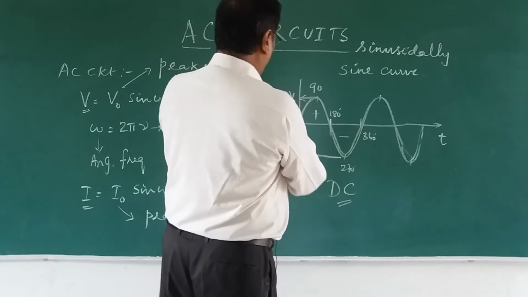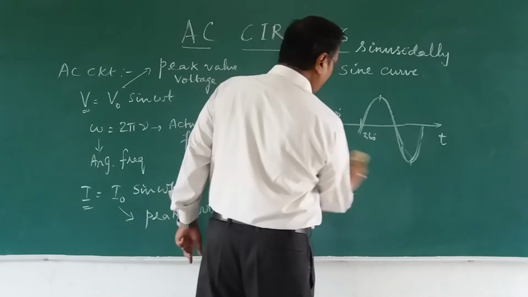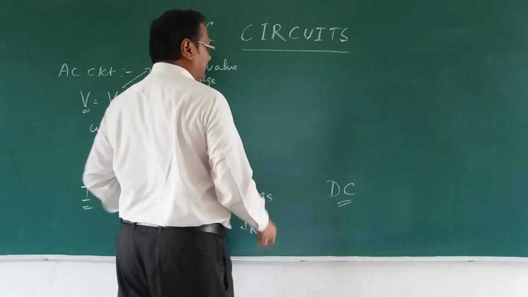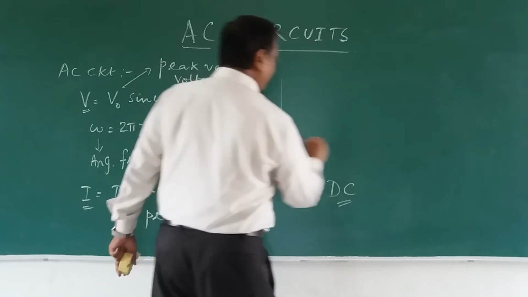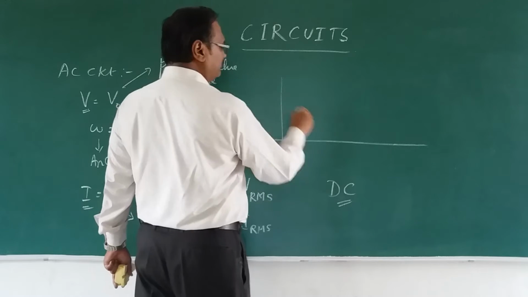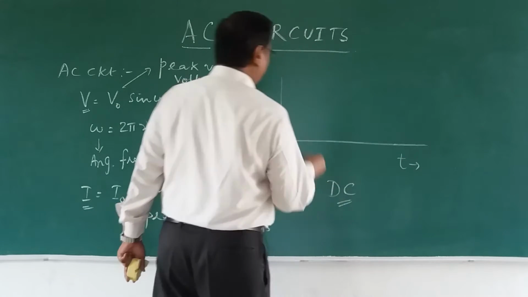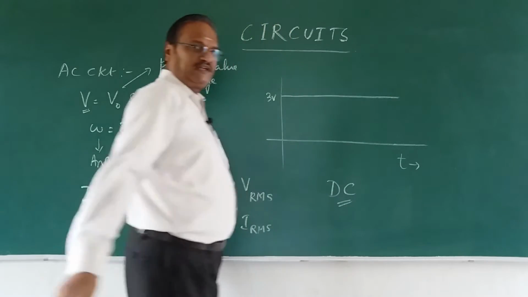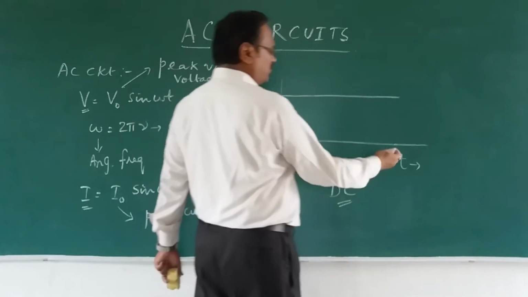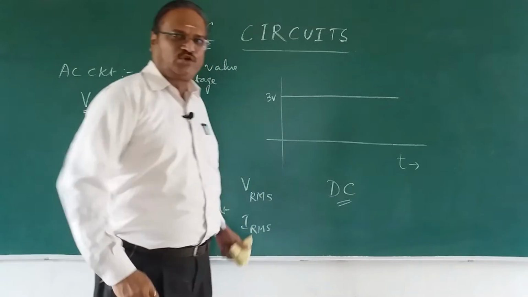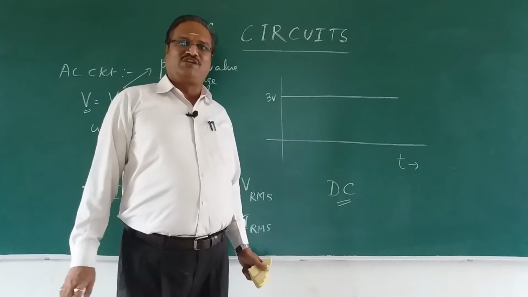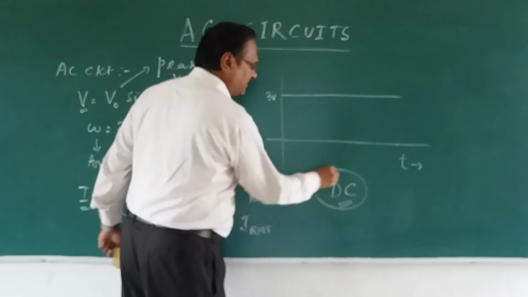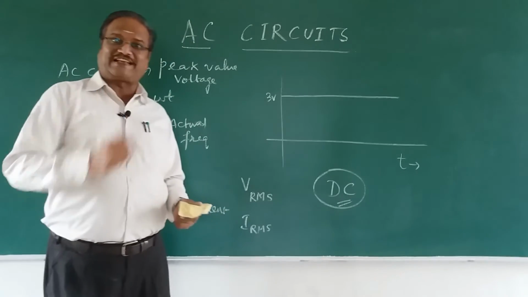If I want to draw a graph for a DC current, it is not a sine curve, it is a steady line. I have a battery or a cell, and with the time I mark it, I'll find that a 3-volt battery will always give 3 volts. After some time it will lose its charge and go off, that's a different thing. You have to throw it or recharge it. So the current will remain constant, and that is called steady current or direct current.